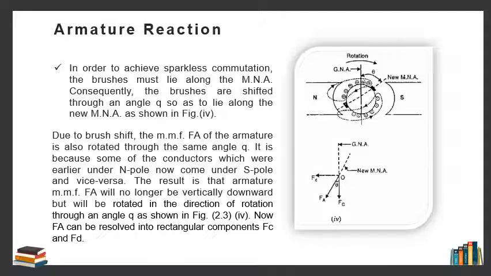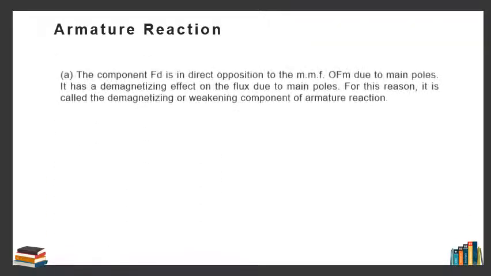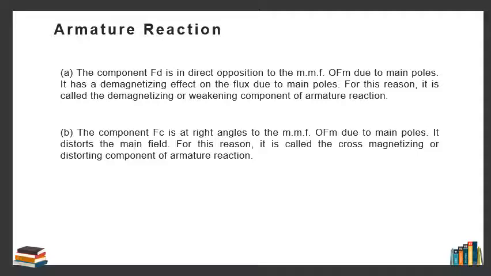Now FA can be resolved into rectangular components FC and FD. The component FD is in direct opposition to the MMF OFM due to the main pole.